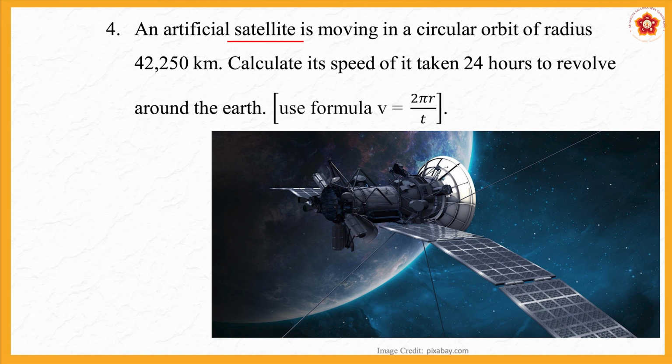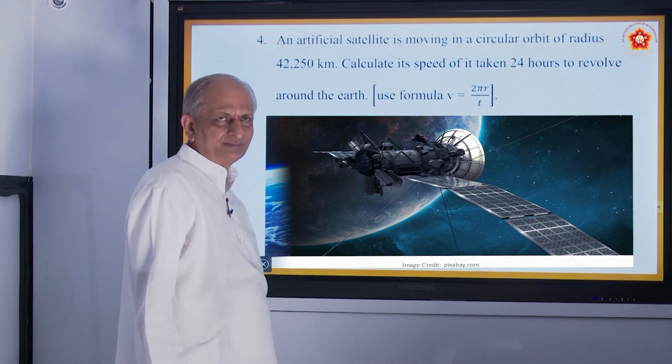So it is moving in a circular orbit of radius 42,250 kilometers. Calculate its speed if it takes 24 hours to revolve around the Earth. Use the formula V is equal to 2 pi r by t. Okay. So this is the homework you can think of, work out.